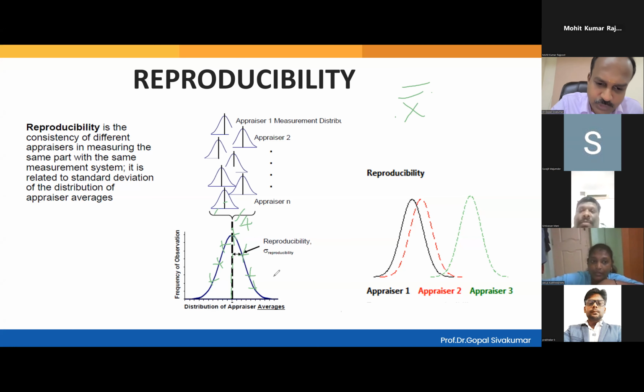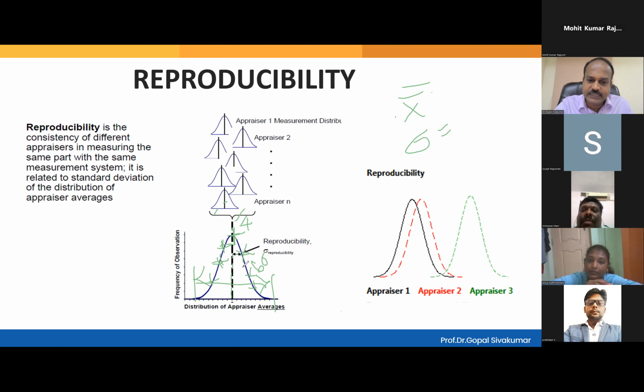Now, in this distribution also, there is a maximum, there is a minimum. What will be the distance between maximum and minimum? 6 times sigma. But this time, how do we calculate sigma? Using these data points. Each data point is an average. Do you understand?